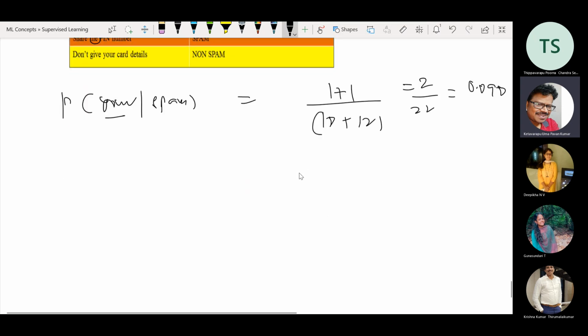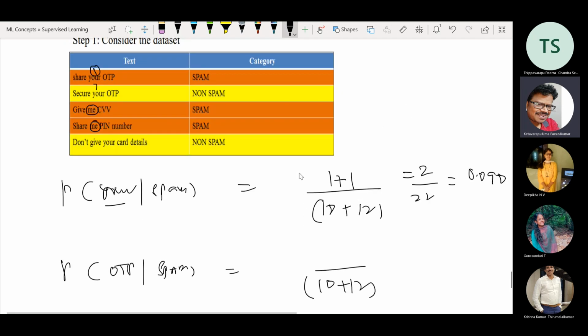Next thing, friends, is OTP, OTP given spam. The denominator remains the same, 10 plus 12. I need to check how many times OTP occurred. Only one time, guys. So 1 plus 1, which is 2 by 22, the same as 0.090.